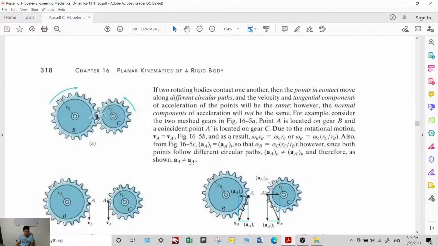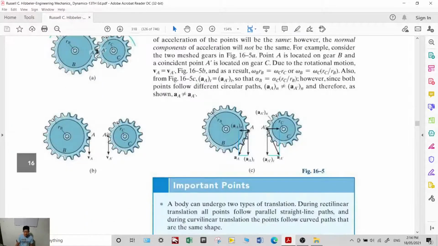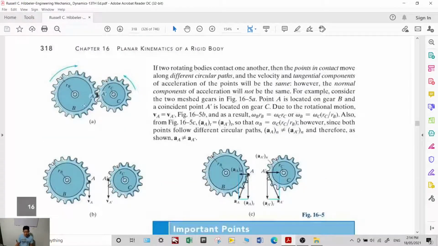Okay, so we will apply this one for analyzing kaning gears. So sa gears, duha ni siya ka circular nga object, no. Ang travel nila is rotation about a fixed axis.